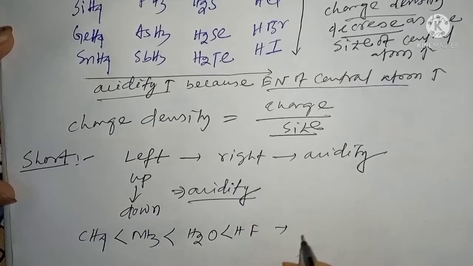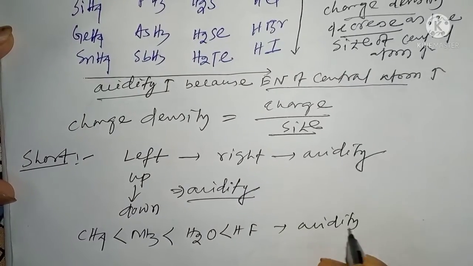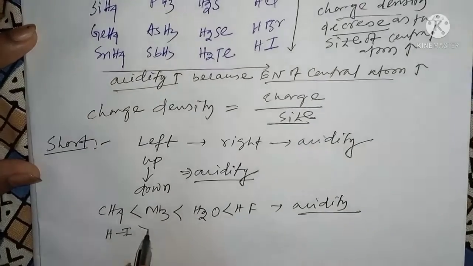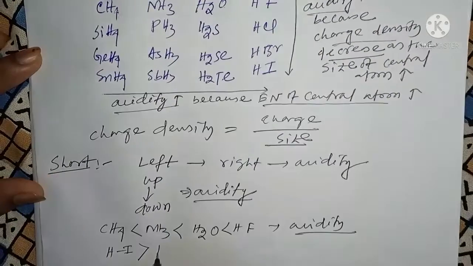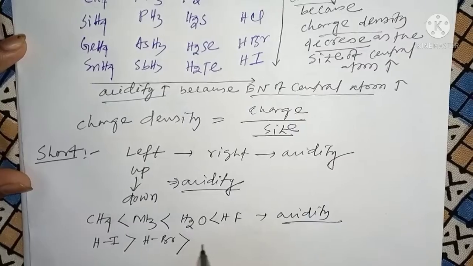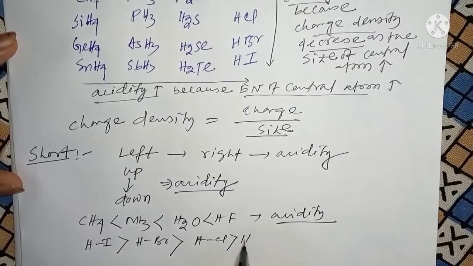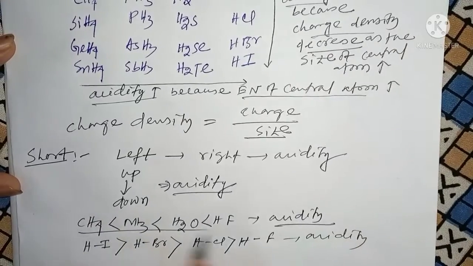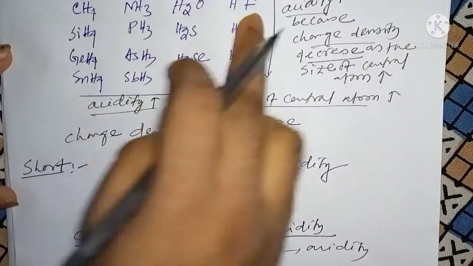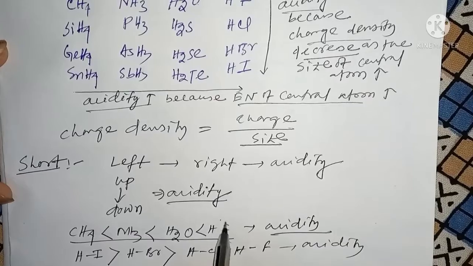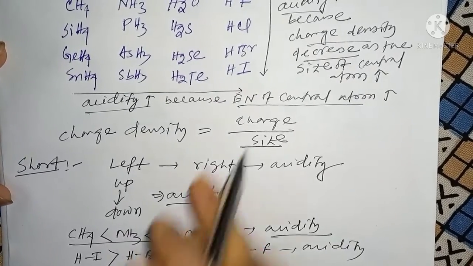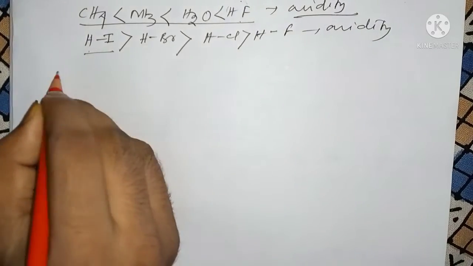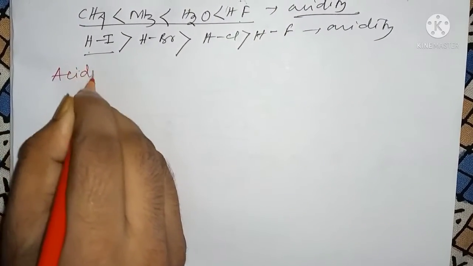This is the acidity order. And HI is more acidic than HBr, greater than HCl, greater than HF. This is the acidity order because left to right acidity increases, and up to down acidity increases. Now remember the acidity order.